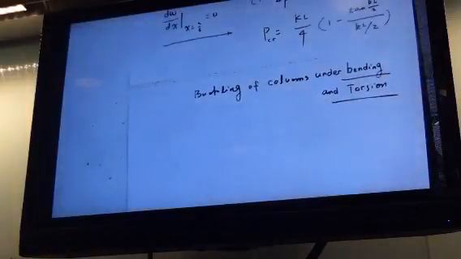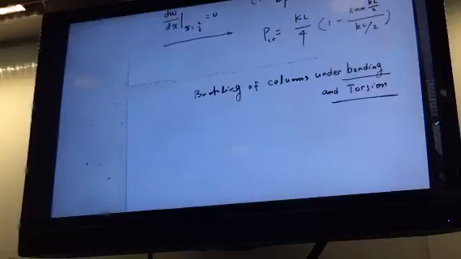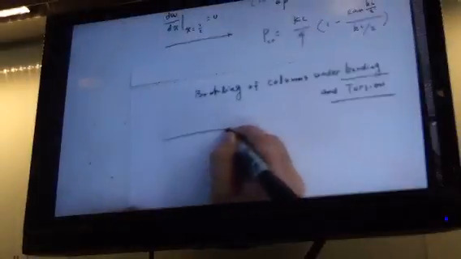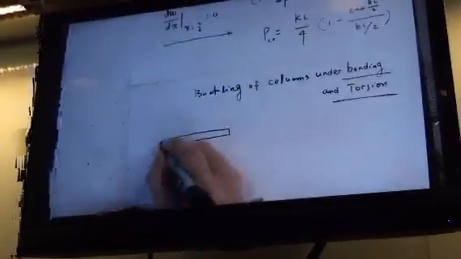Because in reality, most likely you will not only have bending loading acting on the beam. Probably you will have torsion simultaneously. If this is the beam, you can have torsion like this. You can have bending in this plane or that plane, right? So if both torsion and bending are simultaneously acting on the beam, what is the critical loading to have buckling? So the setup for this column is like this.